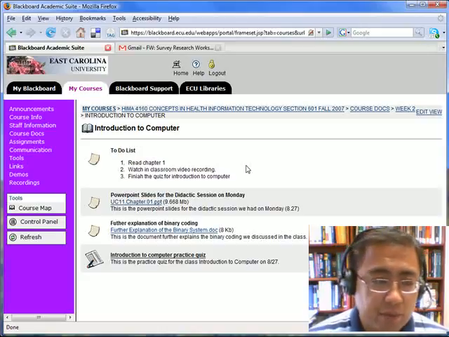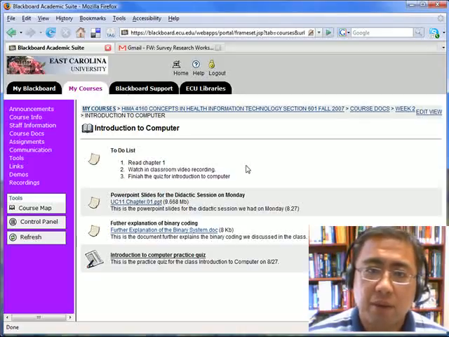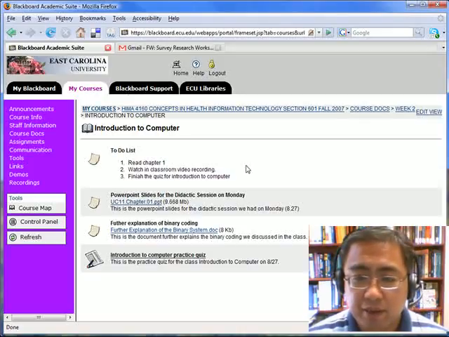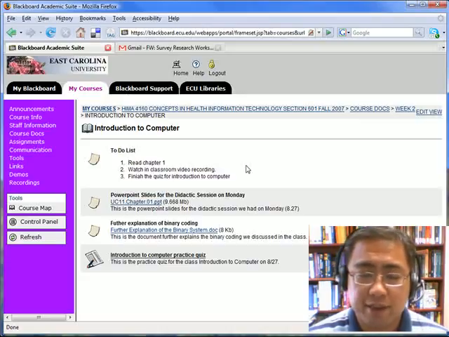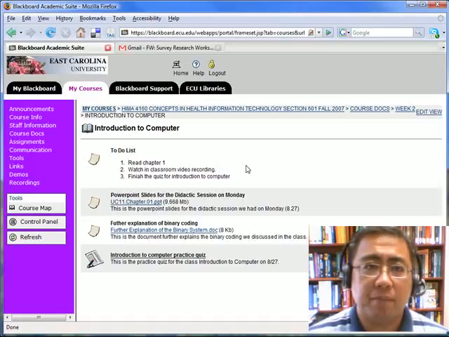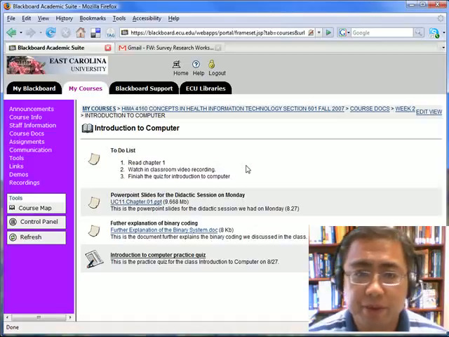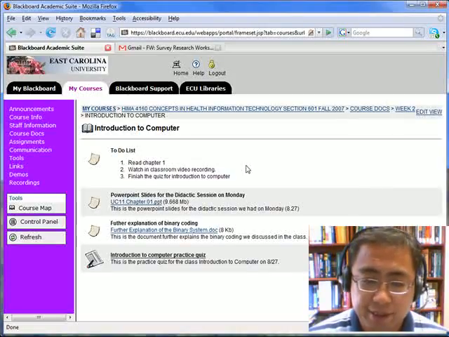So if possible, read the beginning of chapter 2 and also watch the online video to get the basic ideas about what digitalization is and how to do it. After this week's session, you should be able to understand some of the basic concepts and principles about computers, computation and information science.